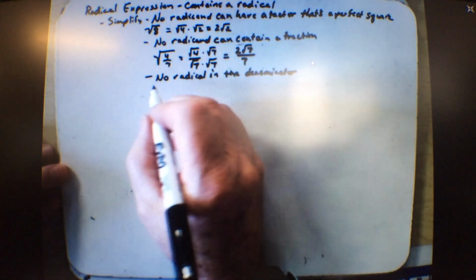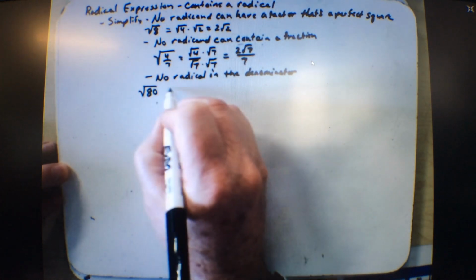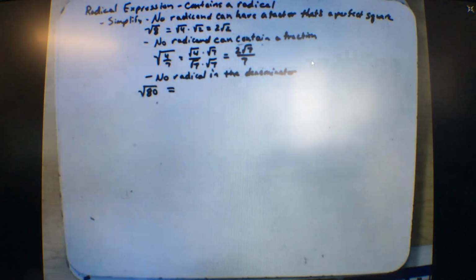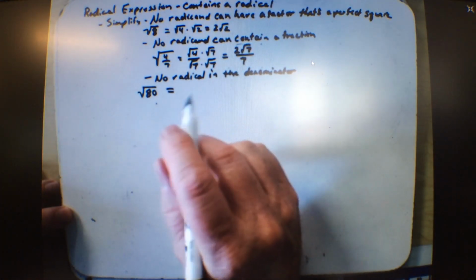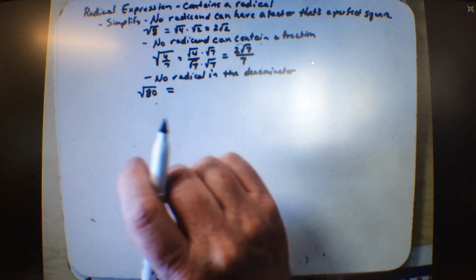Okay? Let's take another one, just to remind ourselves. What would be the square root of 80? What goes into 80 that has a perfect square? 9 actually does go in it, but there's another one that's bigger. So after 9, what's the next one? 16? Does 16 go into 80?